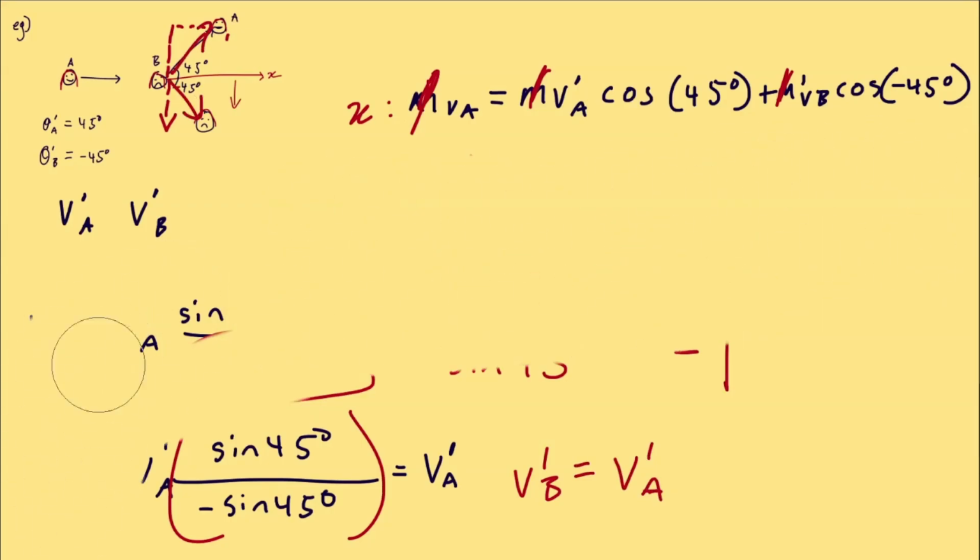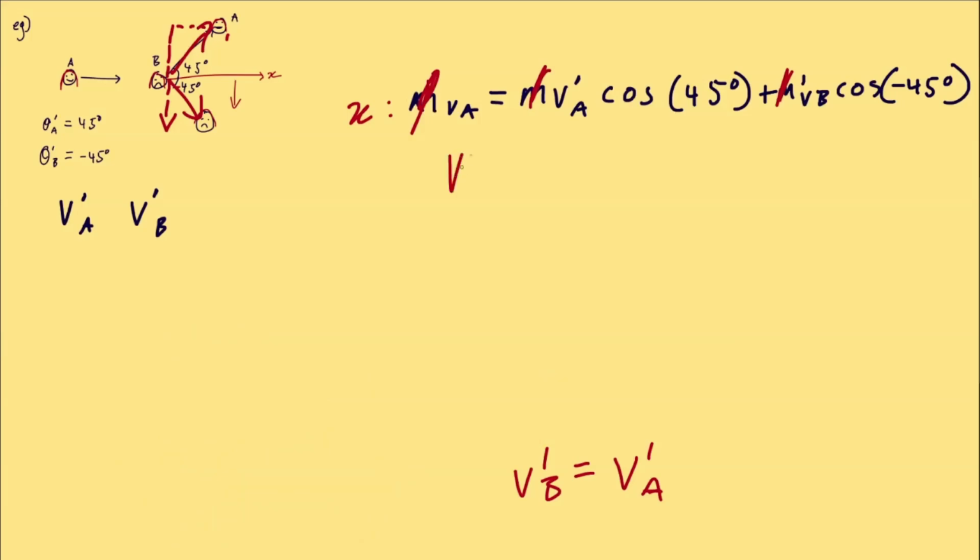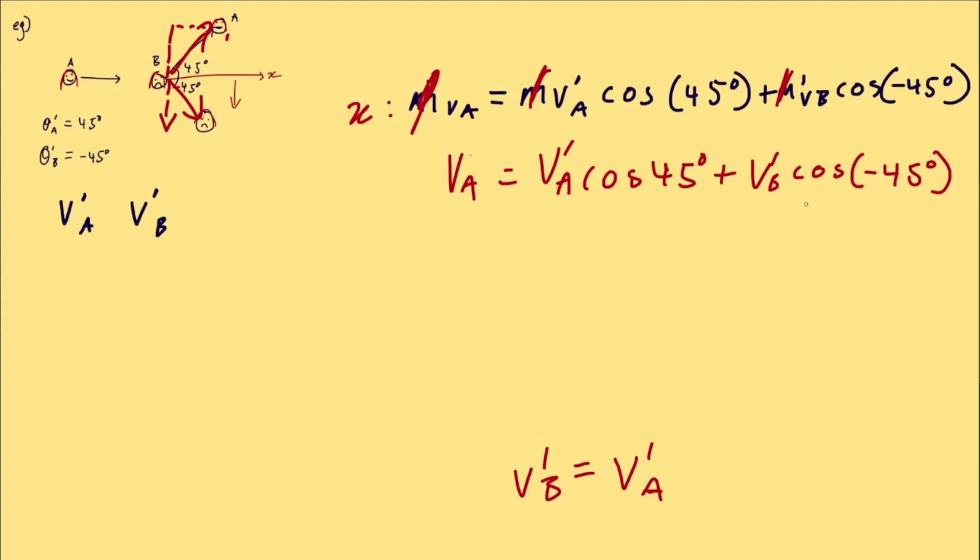What about the x component? The x component says that VA equals VA after the collision cosine 45 plus the same thing for girl number B. Now cosine of a negative number is equal to cosine of the positive number, which gives us this.